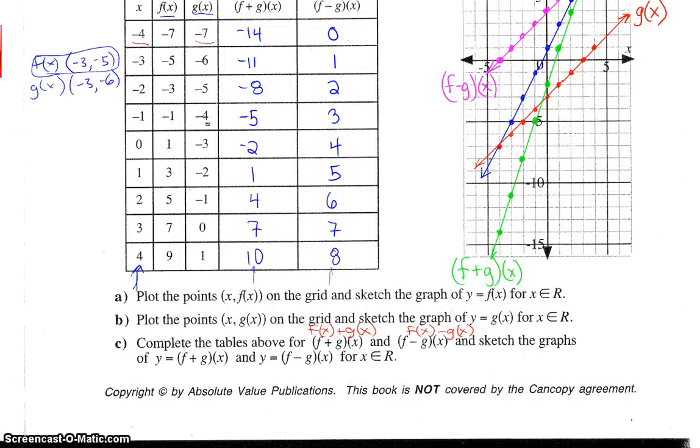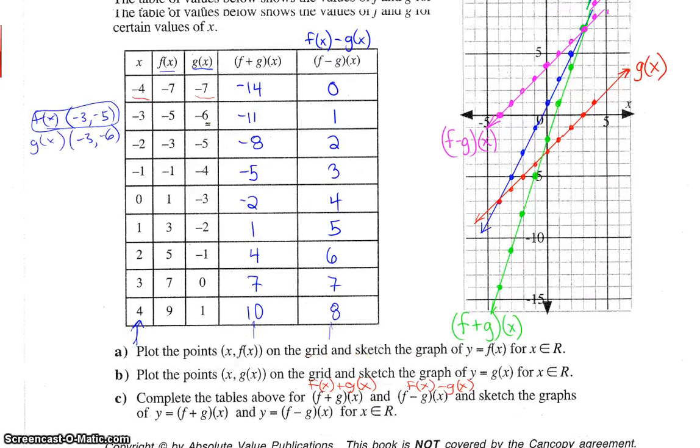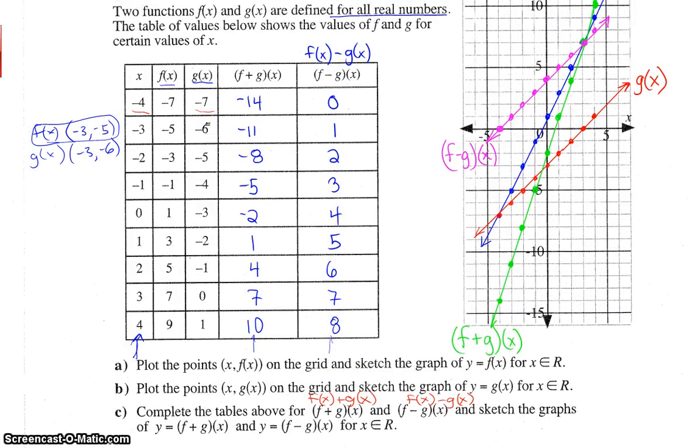Does it have a y-intercept of negative 2 and a slope of 3? So f plus g of x, that's our green graph. Y-intercept, hey, negative 2, look at that. And the slope would be rise over run, so from this point, 1, 2, 3, up over 1. What's our slope? 3 over 1, so 3.